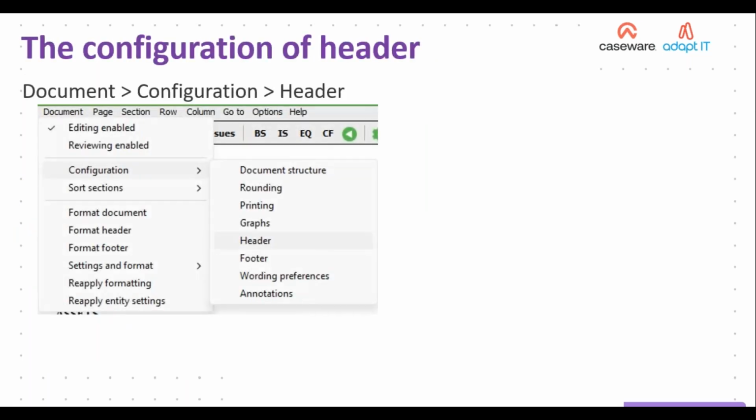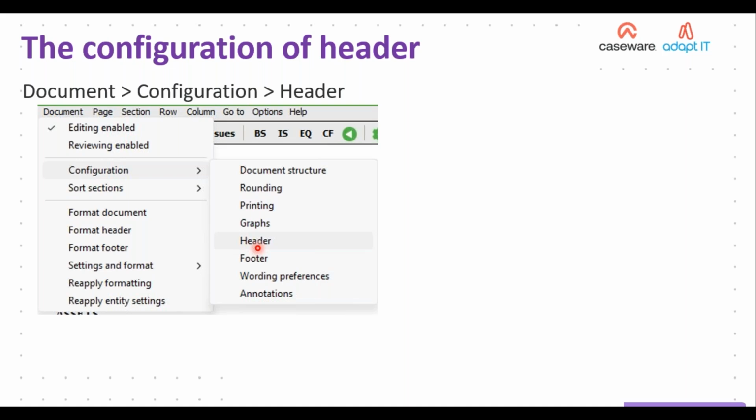So to configure the header on your Caseware financial statements, you need to go to the document menu on your file, document, then select configuration header.